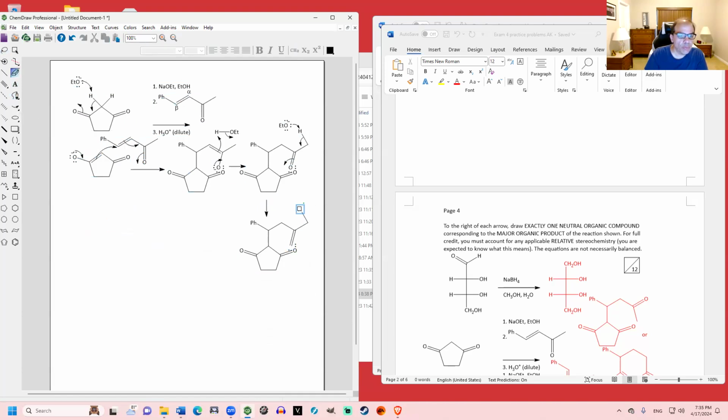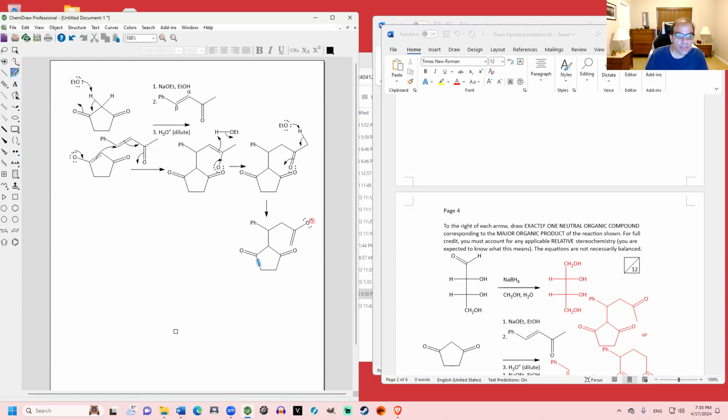I think I'm going to swing this around a little bit. I just rotated around that carbon-carbon single bond, so that, wait, let me get rid of these lone pairs sitting in space.